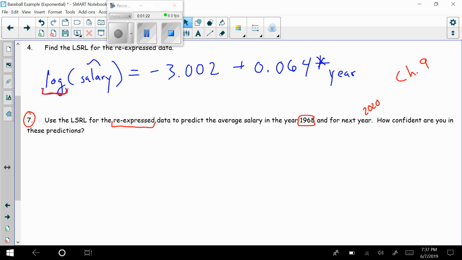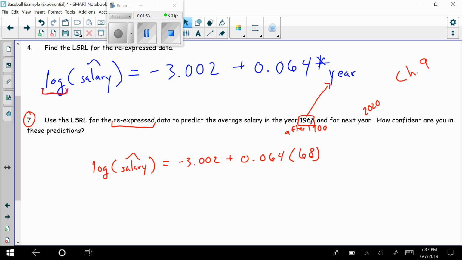I want to take 1968 and plug it in here for the year, but remember the year up here is years after 1900. So there are 68 years there, so that means that log of my salary, this prediction, is equal to negative 3.002 plus 0.064 times 68.